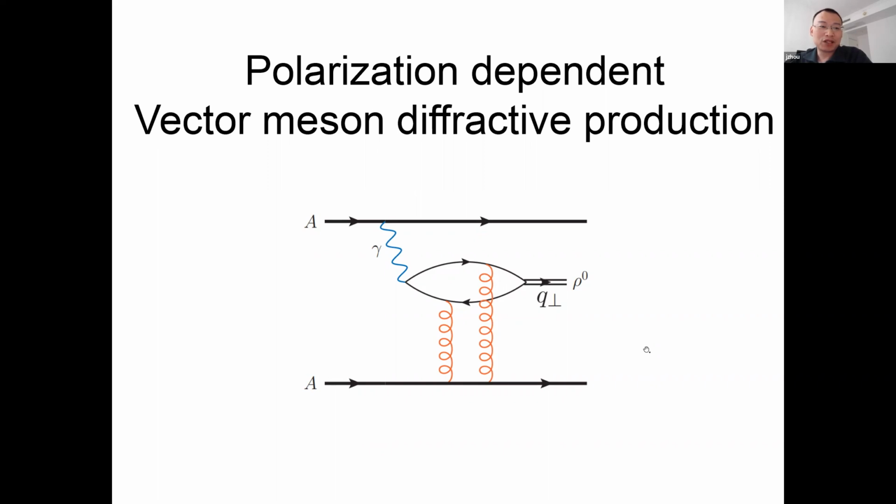But before explaining the physics behind these various azimuthal asymmetries, let us first discuss a very interesting effect involved in diffractive vector meson production in UPCs, namely the two-source interference effect.